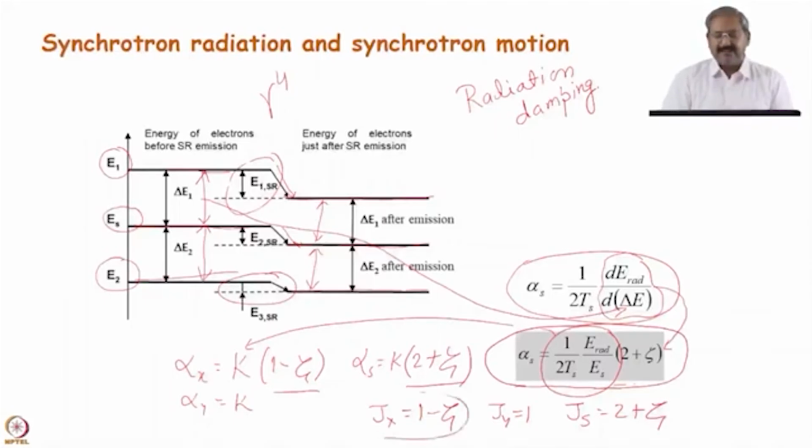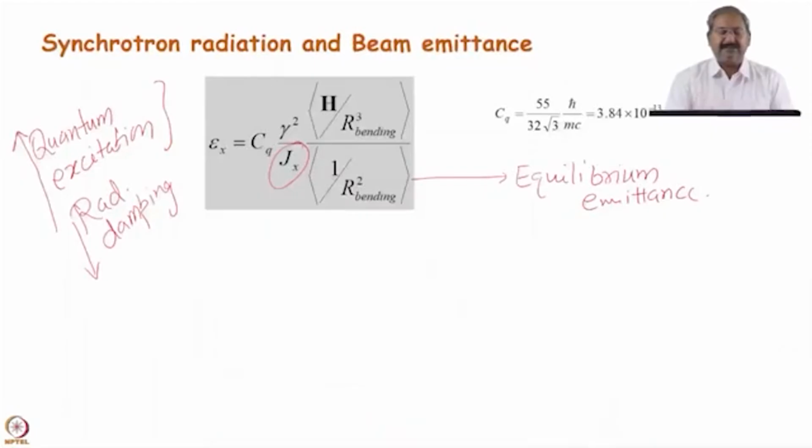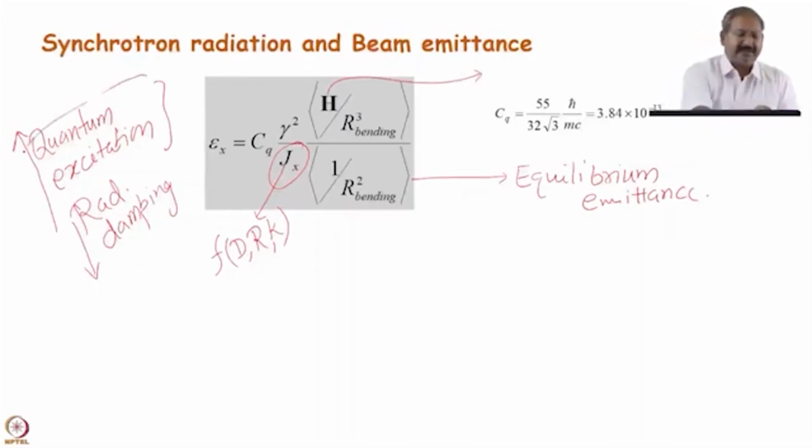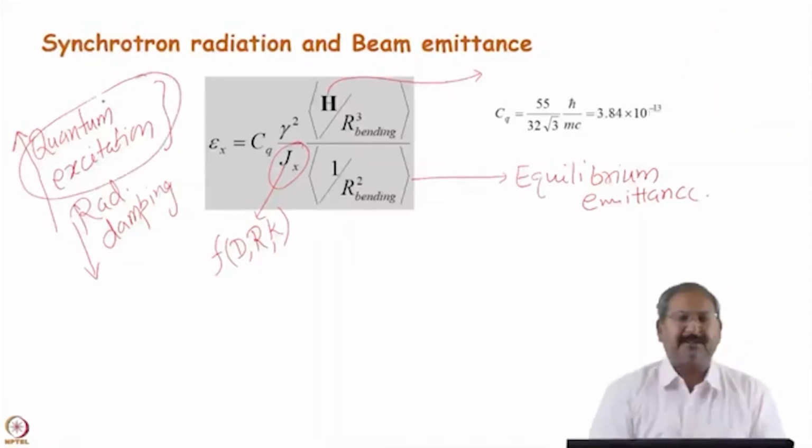So Jx is this number, and in this number this is a function of dispersion, we have seen it. So this is a function of dispersion, bending radius as well as gradient in the dipole magnet. And now you can see that this H depends on the dispersion. This quantum excitation strongly depends on the dispersion.